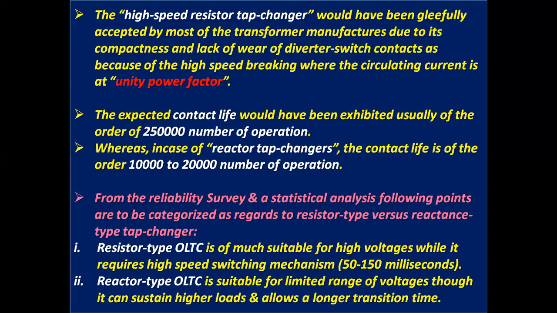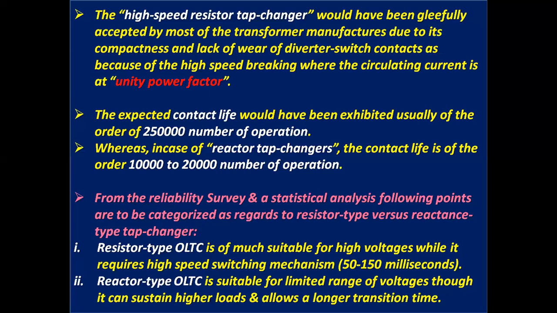From the reliability survey and statistical analysis, the following points are categorized with regard to resistor type versus reactance type tap changer. Resistor type OLTC is much more suitable for high voltage, while it requires a high-speed switching mechanism of 50 to 150 milliseconds.